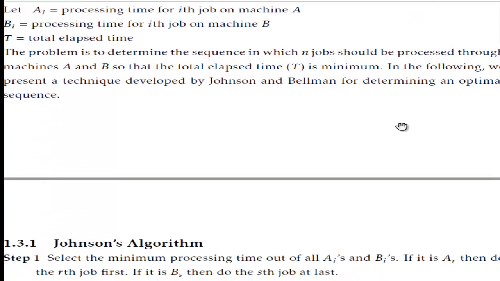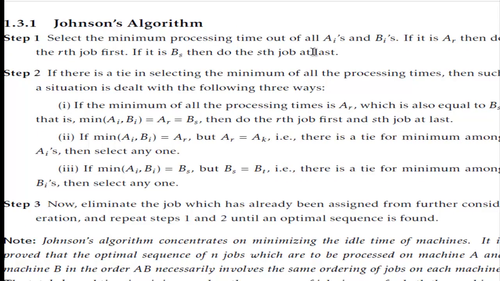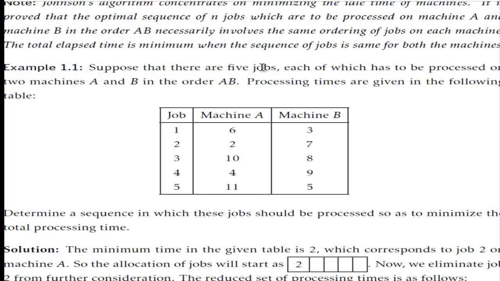So in Johnson's algorithm we want to select the minimum among the A_i's and B_i's. If A_r is smaller, then the r-th job goes first, and if B_s is smaller, then the s-th job goes last. What does it mean? Let's see from this example.